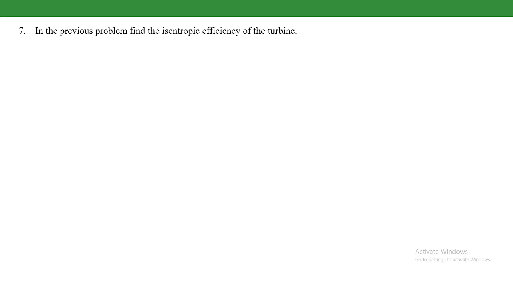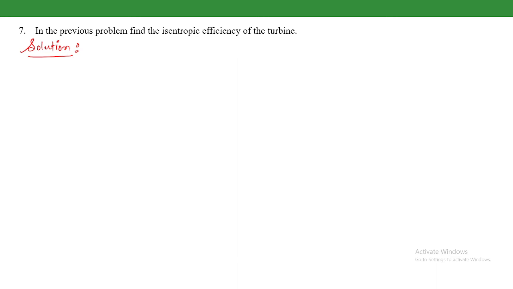Now the data will be used. In the previous problem we had to find the isentropic efficiency of the turbine. Isentropic efficiency is the ratio of the actual work to the isentropic work.